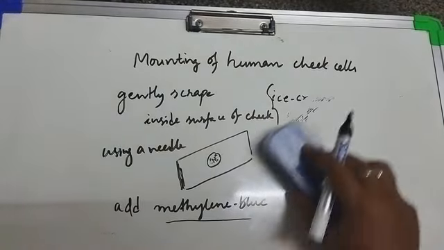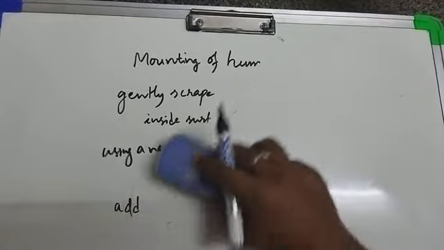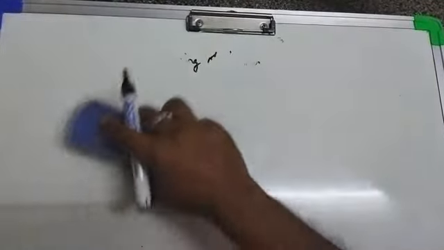So this is how we are going to do the two activities: temporary mount of onion peel and mounting the human cheek cells to observe the nucleus.